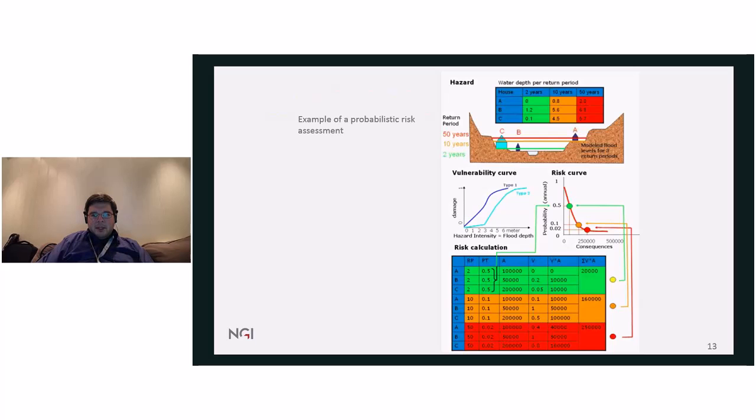So we have a flood with a 2-year return period, 10-year, and 50-year return period. So when we perform the calculation for each one of these events, we obtain a point on the probability versus consequences space. And when we join these points, then we obtain a risk curve.